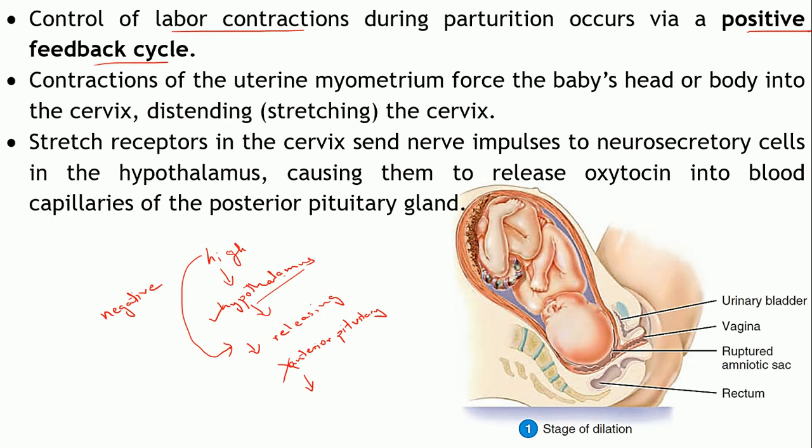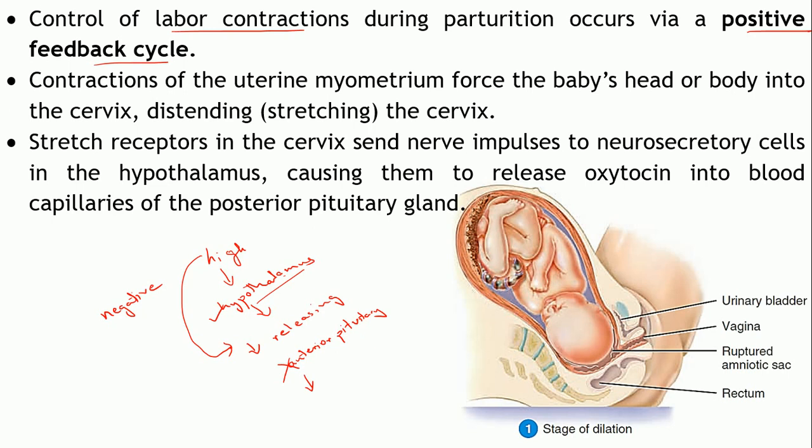But that is not the case with the hormones which are controlling childbirth. Over here a positive feedback cycle is acting. What we have seen is that the oxytocin initiates the contractions of the uterine wall, right? Now why is it happening? Why more and more oxytocin?